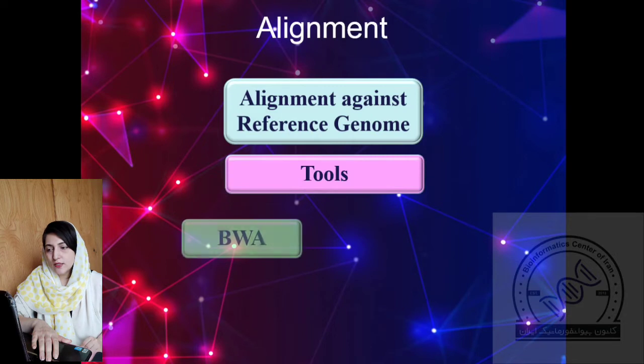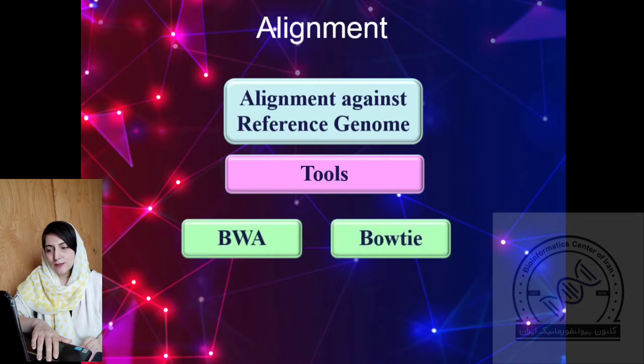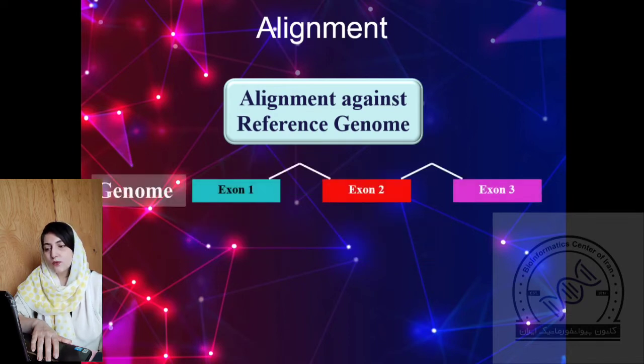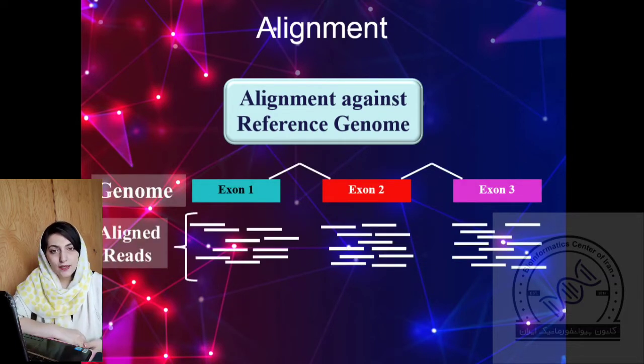Some of the tools which use alignment against a reference genome are BWA and Bowtie2. As you can see from the names, they both use the BWT algorithm for the alignment, where they align the short reads to the exons.